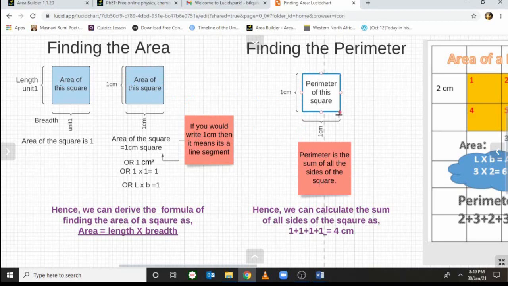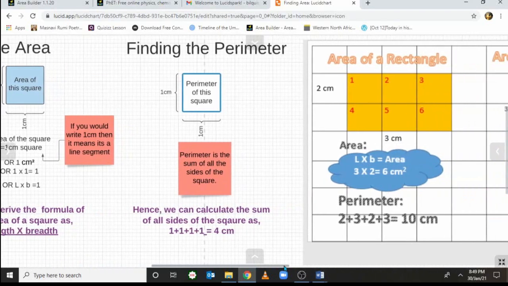Considering the same unit of measurement, 1 centimeter length and 1 centimeter breadth, the perimeter will be the sum of all the sides of the square. Hence, we can calculate the sum as 1 plus 1 plus 1 plus 1 is equal to 4 centimeter, and this is a line segment, that's why the unit will be same.